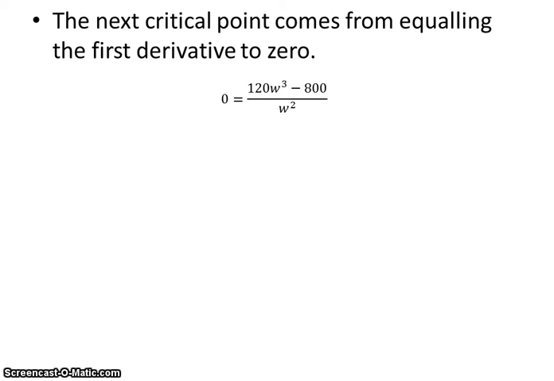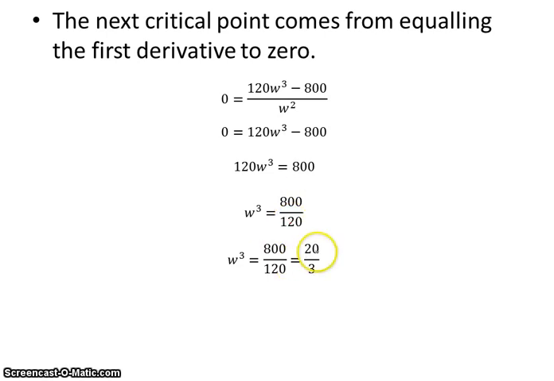0 is equal to 120 w to the third power minus 800 over w squared. If we isolate, what we end up with is 120 w cubed equal to 800, because it passed adding, and then I passed this dividing, so it's 800 over 120. If I simplify that, we end up with 20 over 3.